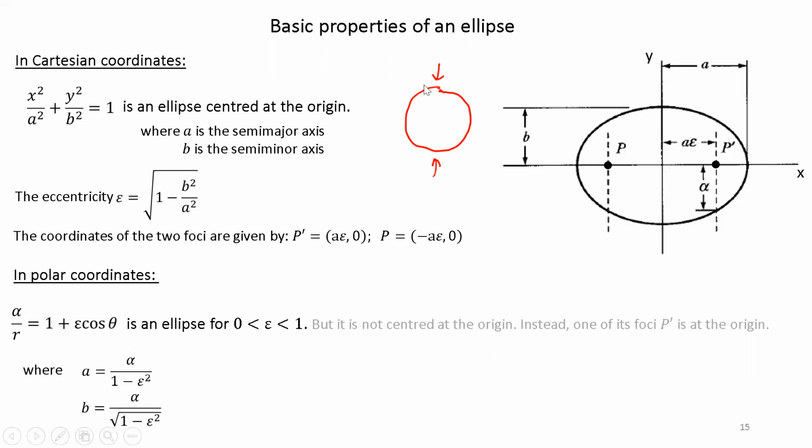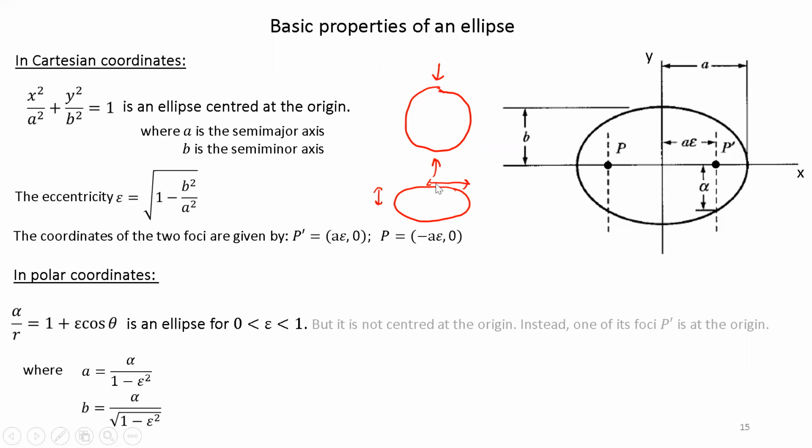If you compress it more, it will become something like this. How much it gets compressed can be quantified by this length divided by this length, that is B divided by A.